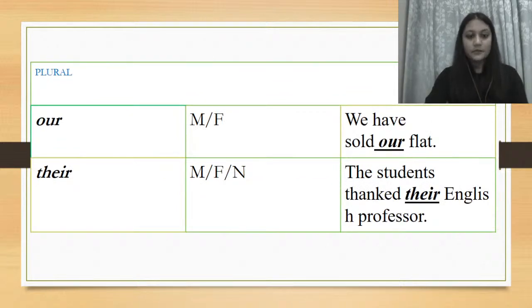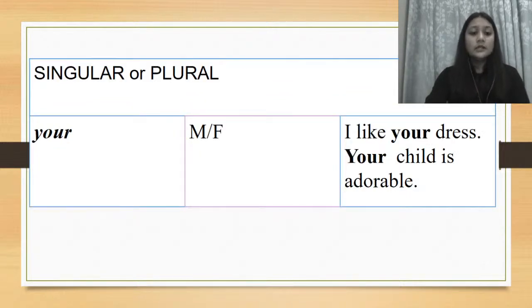Clear till now? Okay. Now, your can be used in both the contexts, be it singular or plural, right? And it can be used irrespective of gender. This we already know, right? Nothing to freak out.